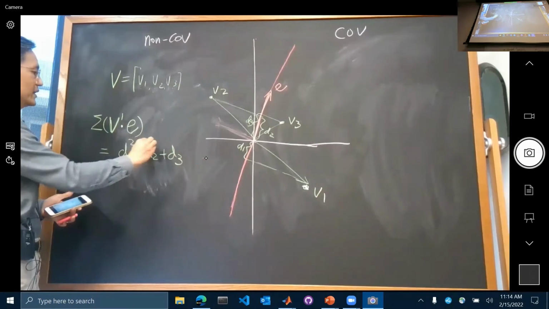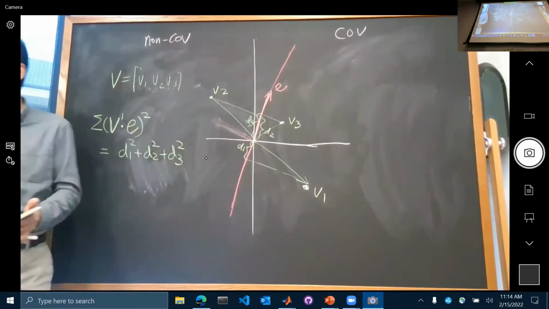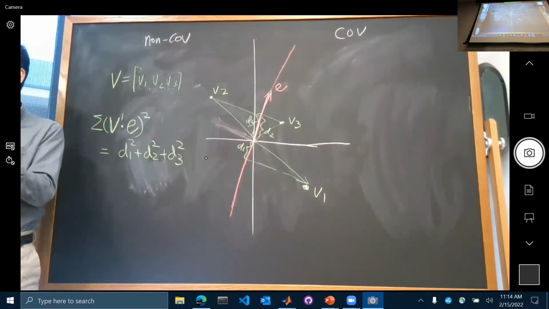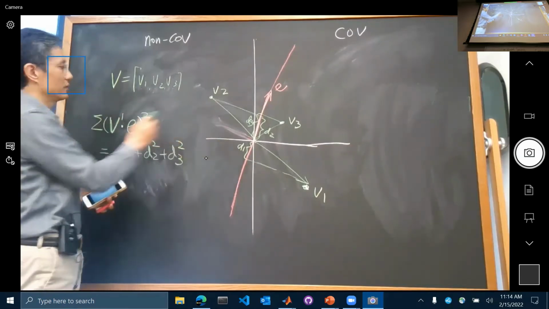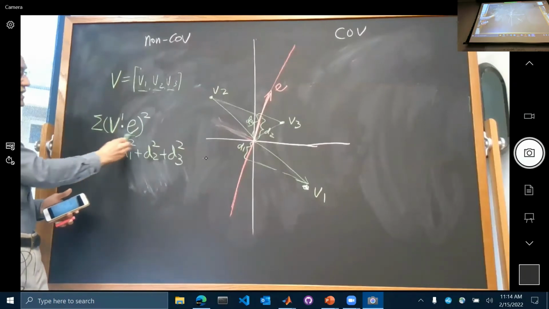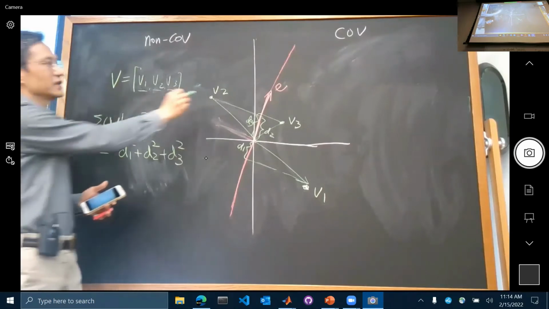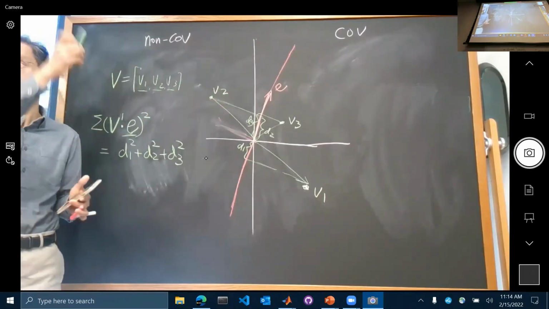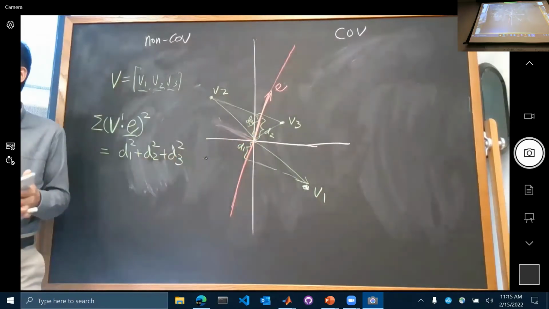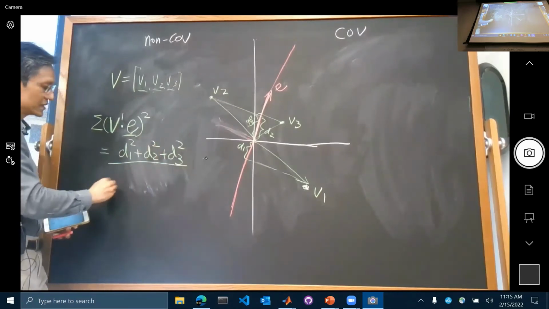Actually, I'm going to square it. Okay, so you have learned cosine and projection. When I multiply each of my data points by E, I'm computing the projection of the data points onto this E, which is D1, D2, D3. Then I square them and sum. So I get this. This is the total variance.